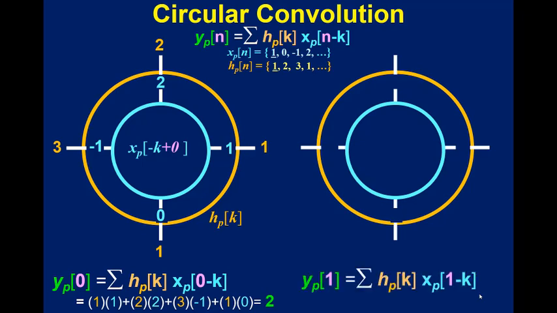For y of n equals 1, we'll have the same h of k. So I'll put that all back up again, 1, 1, 1, 2, 3, 1 around the corner. Now we take our x of minus k, the reversed version, and I've got to rotate it by 1. In this case, we're going to rotate it counterclockwise, one position.